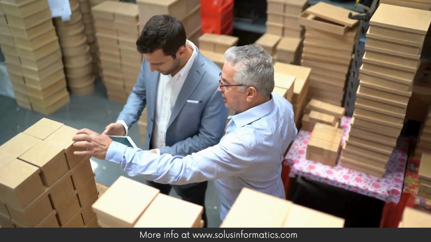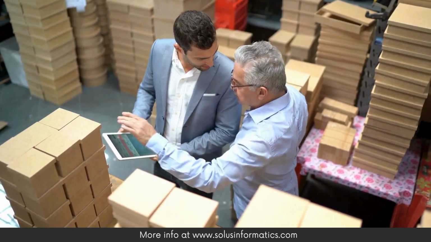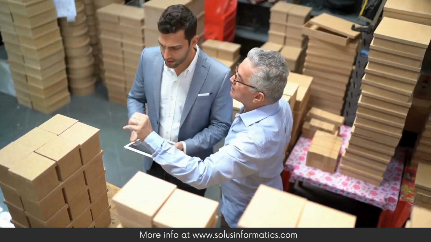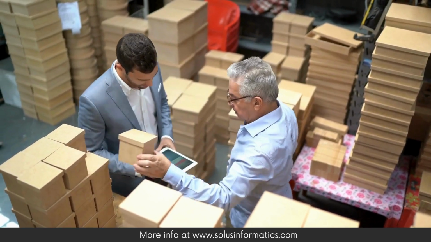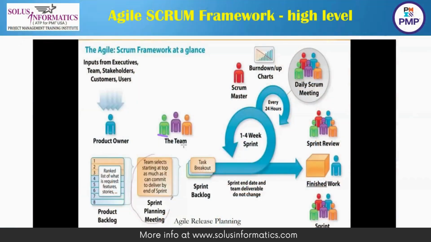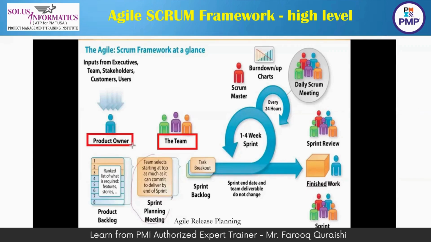So, like I said, the product backlog has the user stories listed in it. The product owner will manage the product backlog. In adaptive and hybrid projects, the team is the development team, so the development team is actually the principal leadership element rather than the project manager.